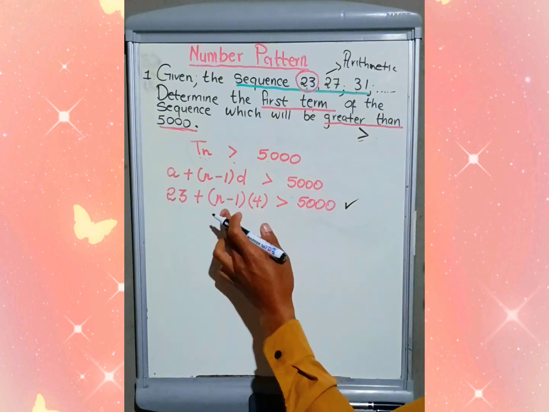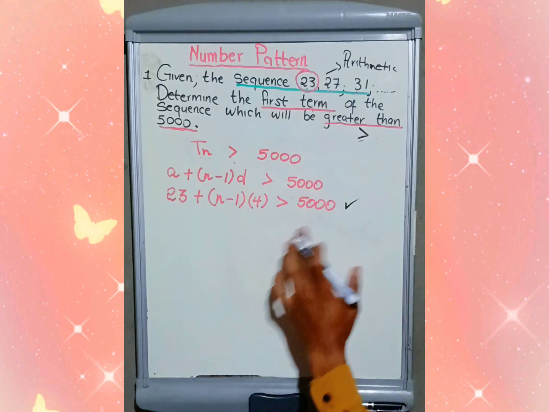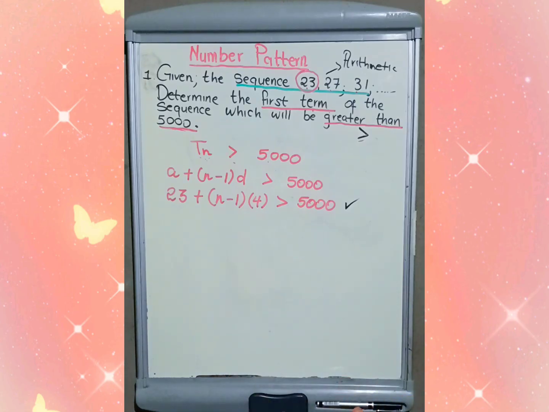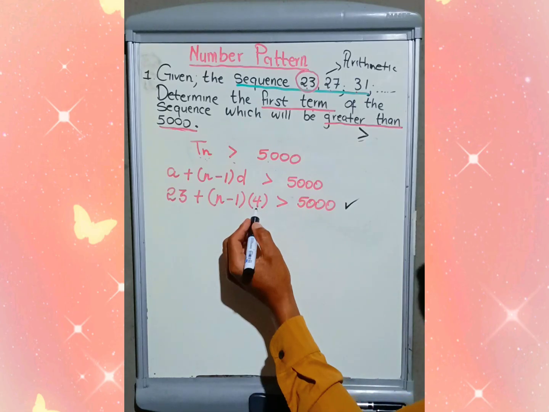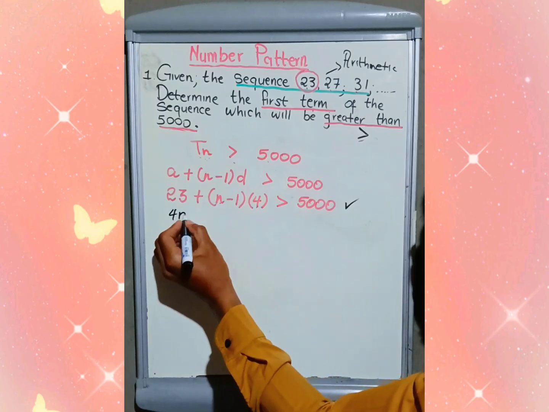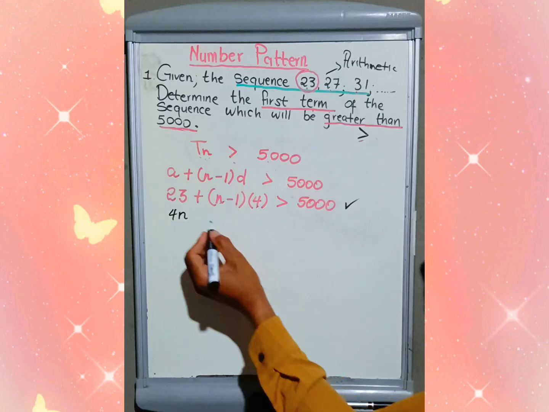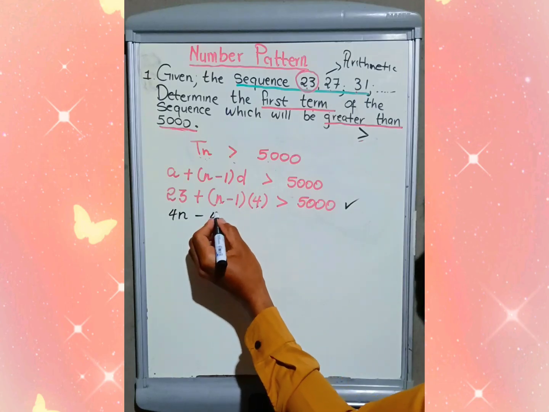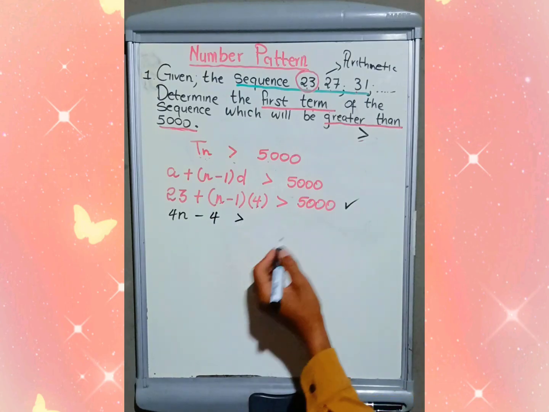How? We're going to remove the bracket first. The numbers must always be on the right hand side. Therefore, 4 times n is 4n, and 4 times -1 is -4.